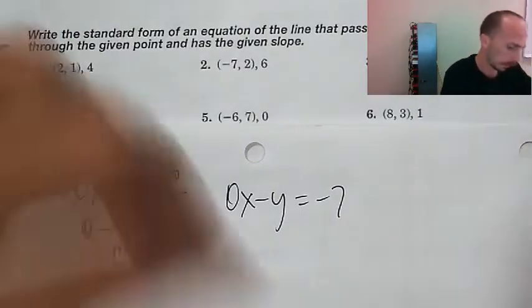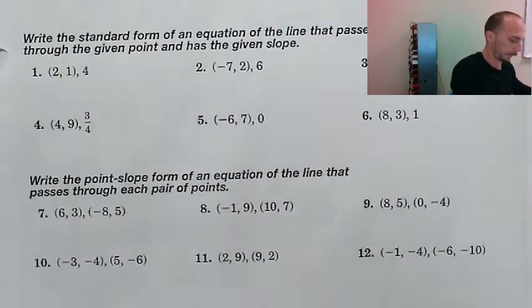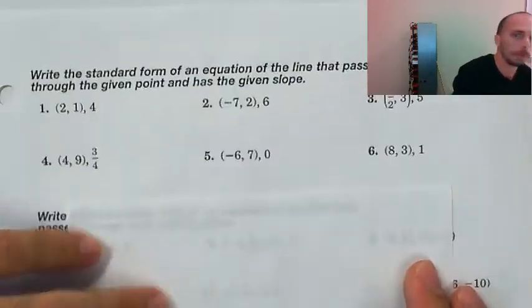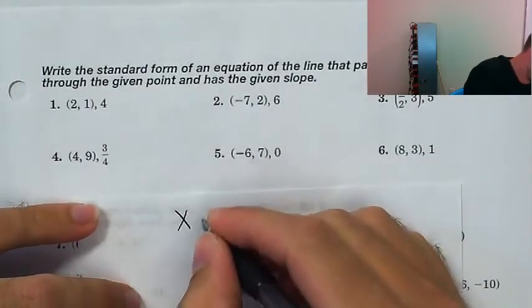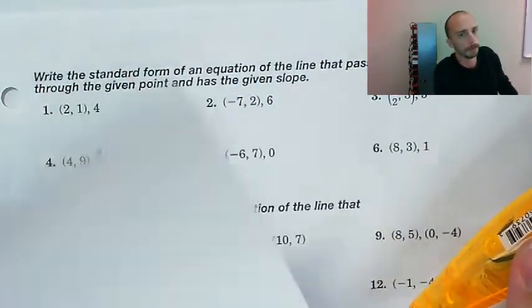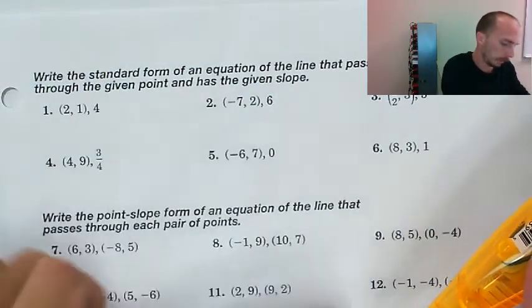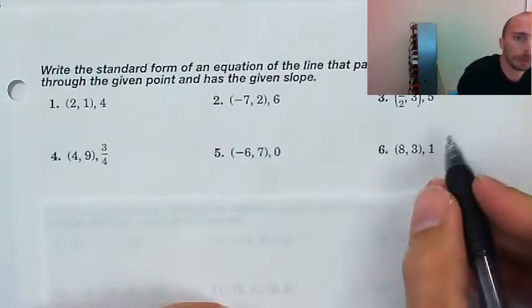Okay, and then number 6. Wow, that threw me off. Okay, try that again. Doing ax plus by equals c, where a is equal to the slope and b is equal to negative 1.